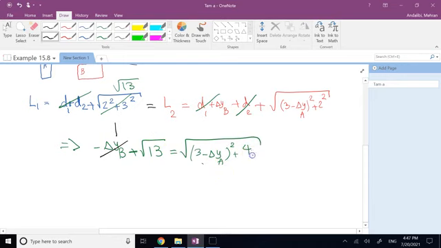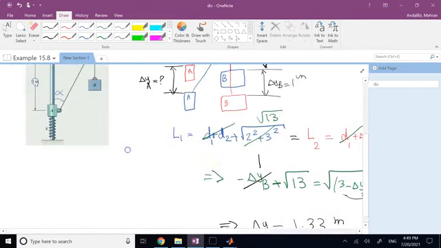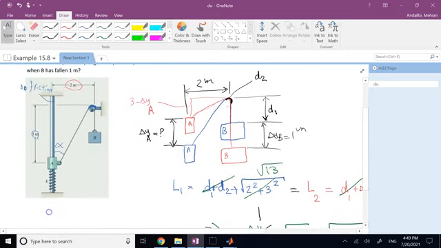We take the 4 to the left-hand side, take a square root, and that gives us this guy. And then by switching the left and right-hand side, I can get delta Y of A, correct? So from here, clearly you see that delta Y of A is going to be 1.33 meters. So B goes down 1 meter, but A goes up 1.33. Okay, so A has to go up more, and that is clear because of the angle.